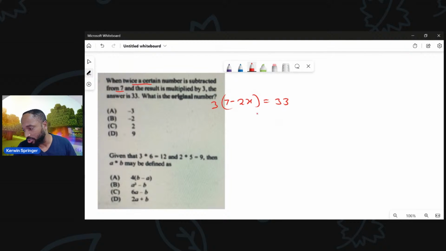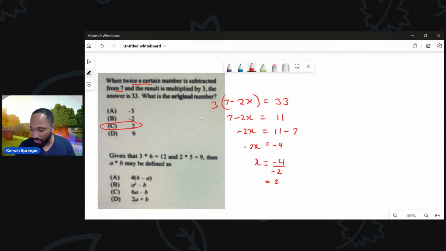You could also use substitution. Bring across the 3: 33 divided by 3 is 11. Bring across the 7: 11 minus 7 is 4. Bring across the x: 4 divided by -2 is 2.